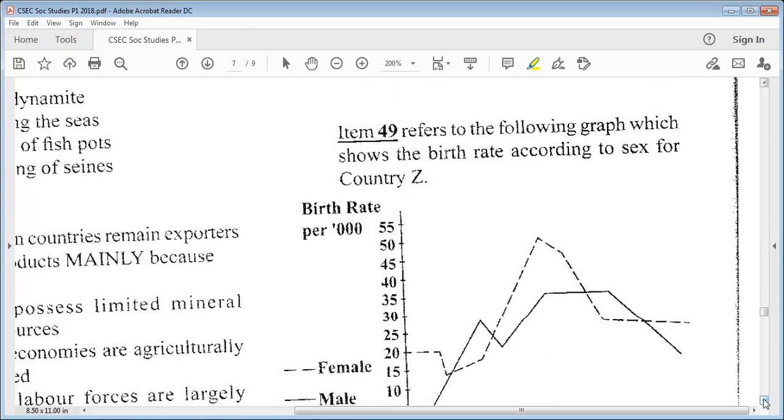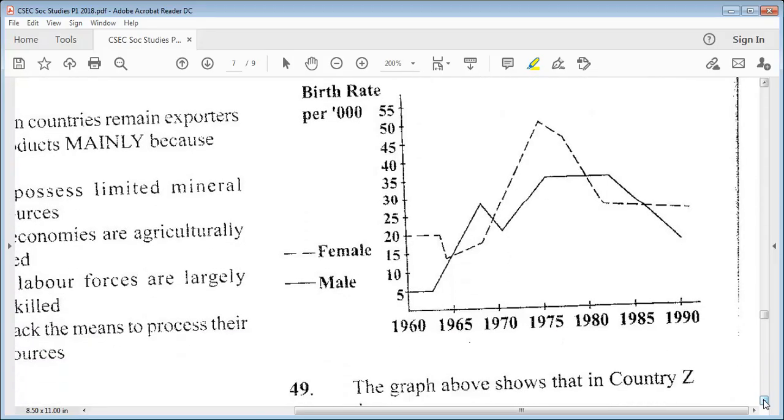Item 49 refers to the following graph, which shows the birth rate according to sex for country Z. We have the birth rate from 5 to 55. Our broken line represents females, and our unbroken line represents males. And we have 1960, 1965, 1970, 1975, 1980, 1985, and 1990.